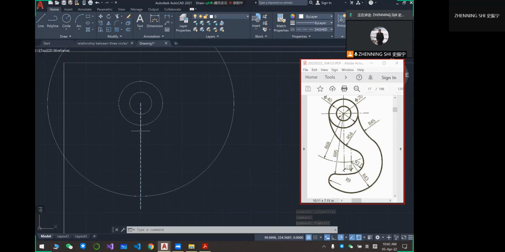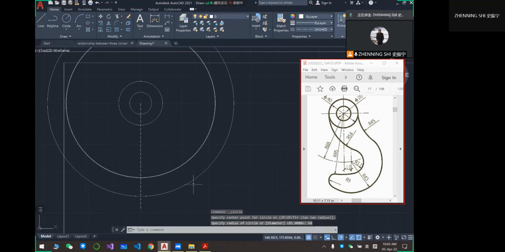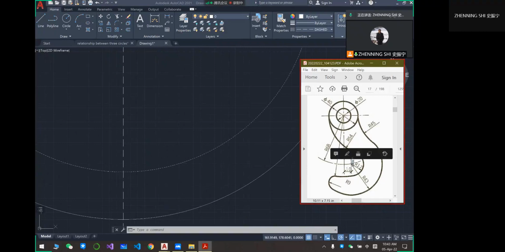And now this is an auxiliary line. And also we have to get the R68. It is also an auxiliary circle, you know. Auxiliary circle R68. And this point is equal to this point. So you can see in this figure, the distance between this cross point and this circle center is 10.